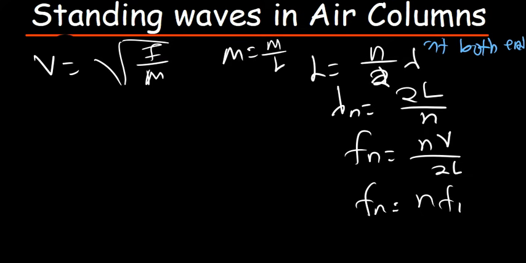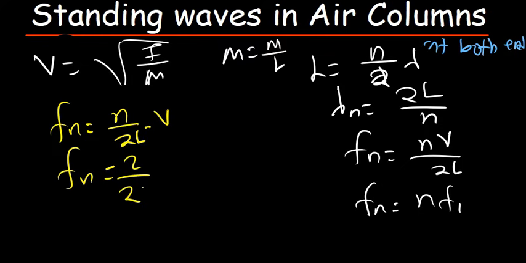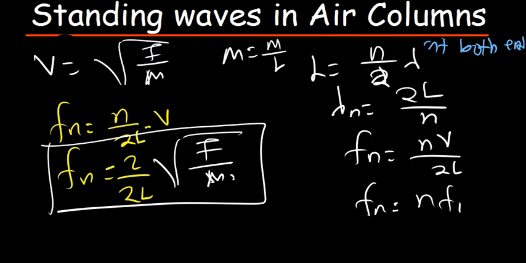So then we can say the Fn can be given by n divided by 2L times V. Where there is V, let's put the square root of F divided by mu. So this is also very important. Okay, now that is it when we're talking about a pipe opened at both ends.